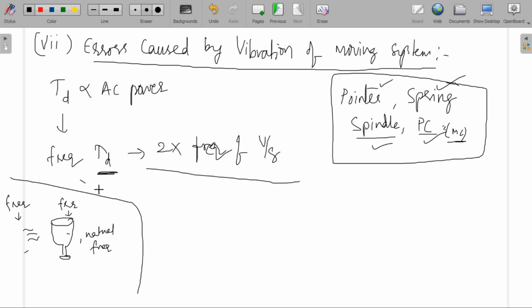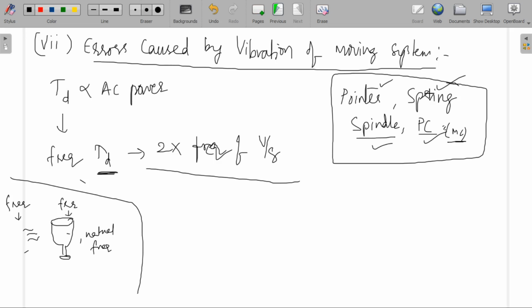Similarly, because of torque the moving system will be moving. When the frequency of torque pulsations matches the frequency of the moving system, or of any one of these moving elements, they vibrate with higher amplitude.